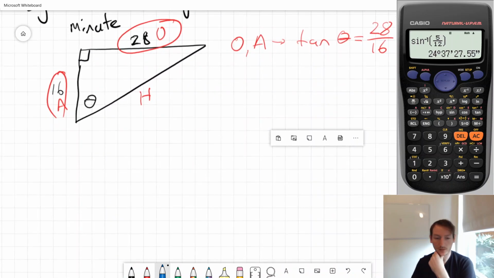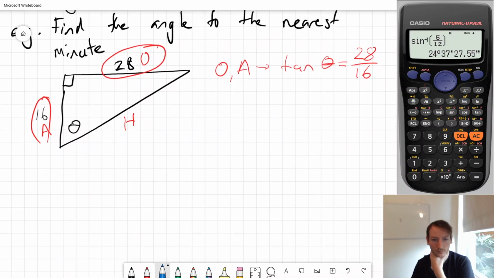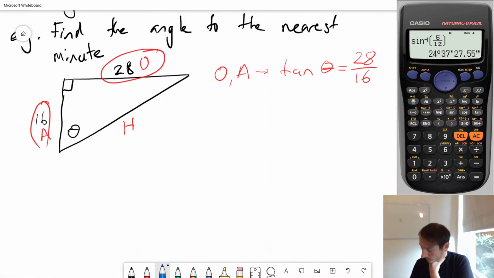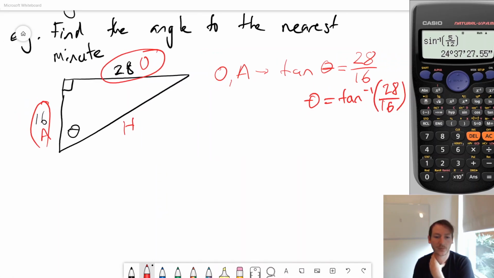In fact, it's encouraged. So theta equals inverse tan 28 over 16, just fits on the page, barely.